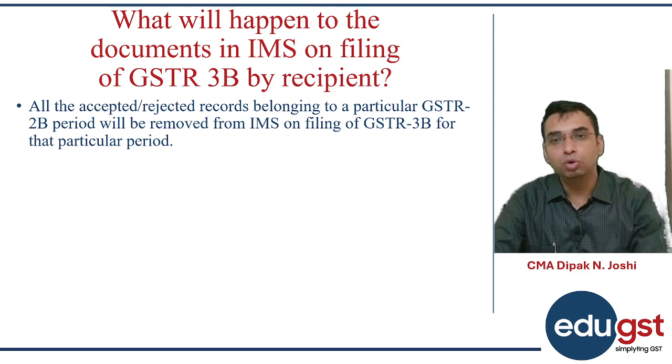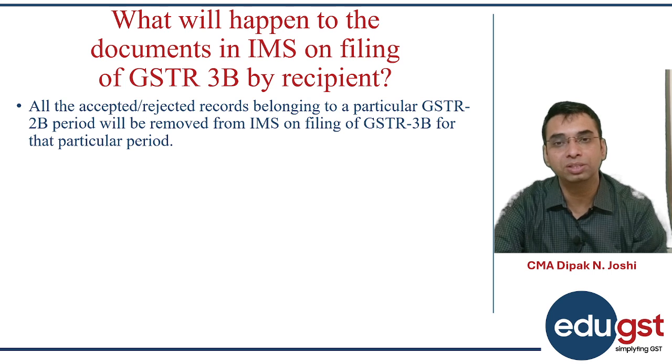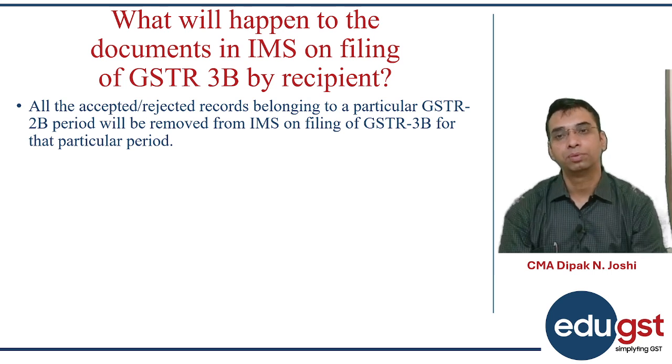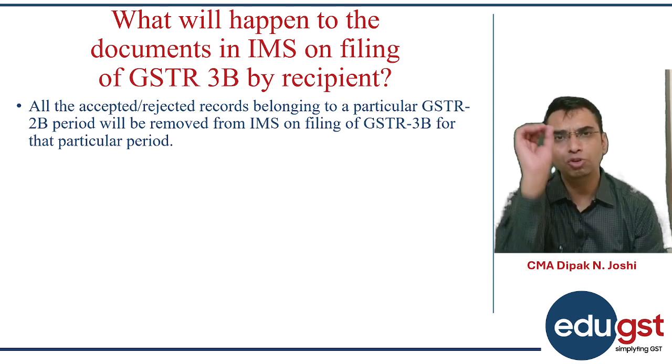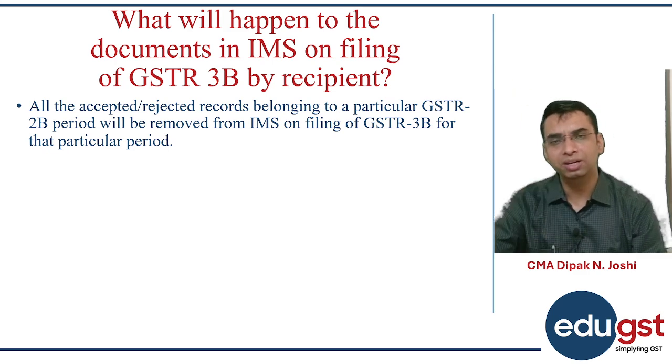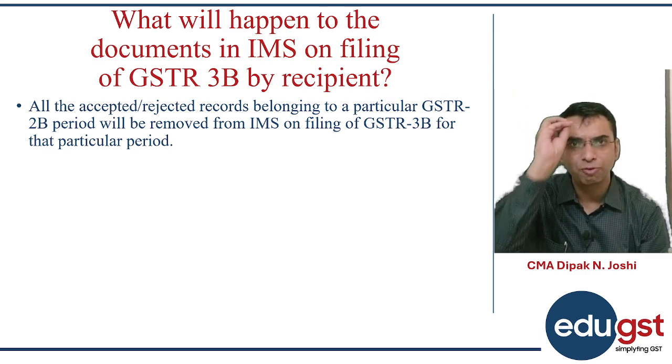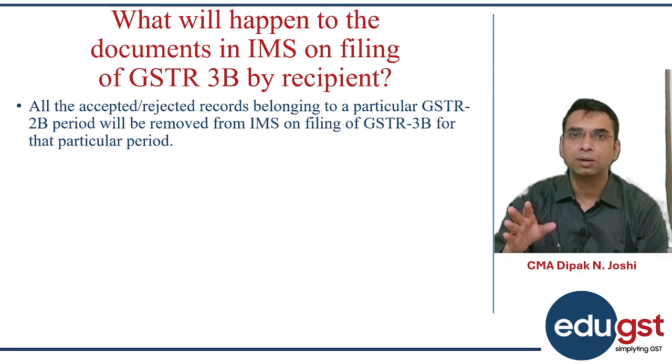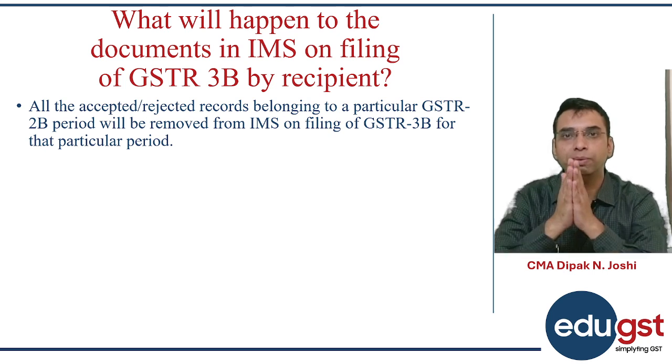What will happen to documents in IMS on filing of GSTR 3B by the recipient? Once you file the GSTR 3B, we have already discussed this issue, your GSTR 2B will be frozen.